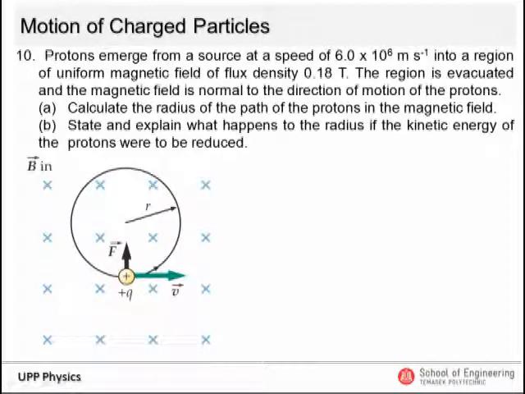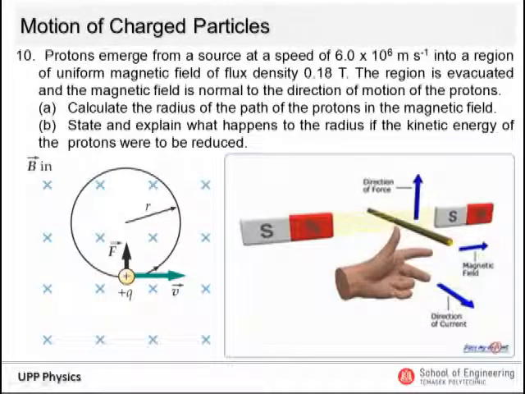And how do the protons move in such a magnetic field? Well, they actually move in a circular motion. But what provides the force required by the protons to move in a uniform circle?